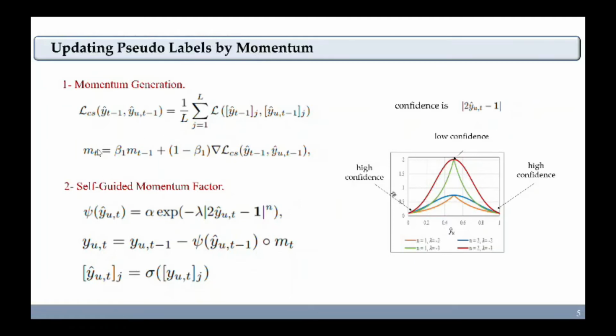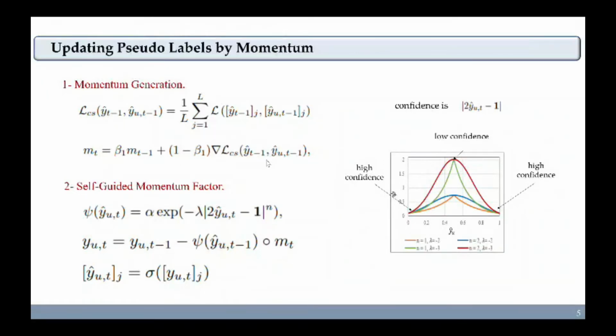As you can see in this equation, the first term represents the aggregation value of the momentum, where we initialize the momentum value with 0 at the beginning of the training. The second term is the gradient of the binary cross entropy between the prediction and the pseudo label.